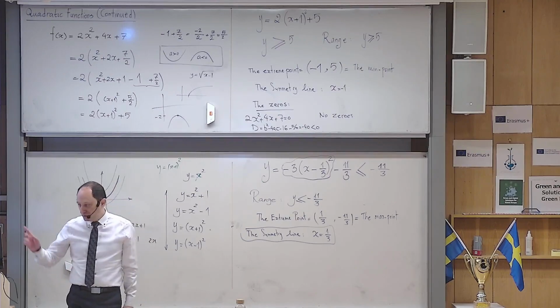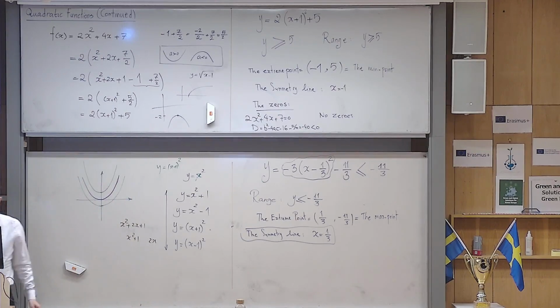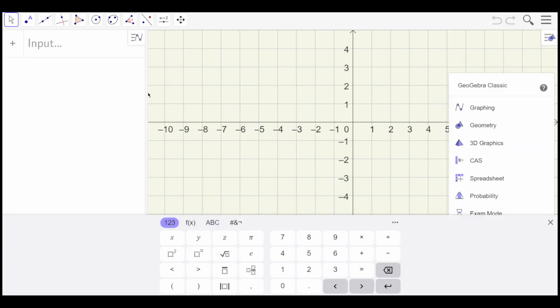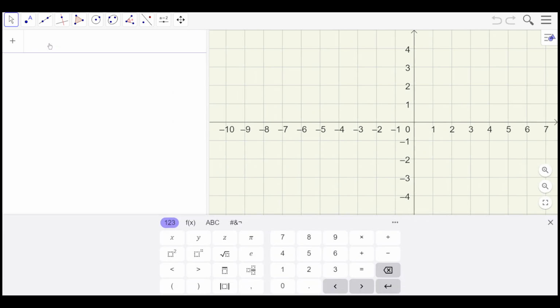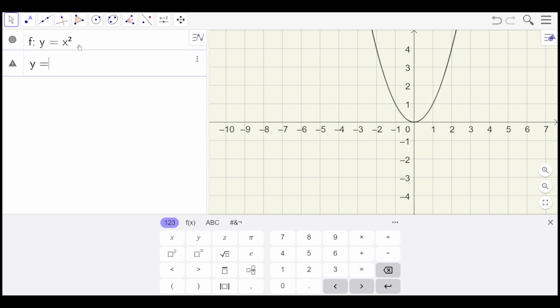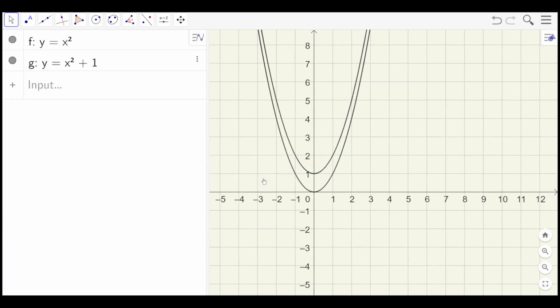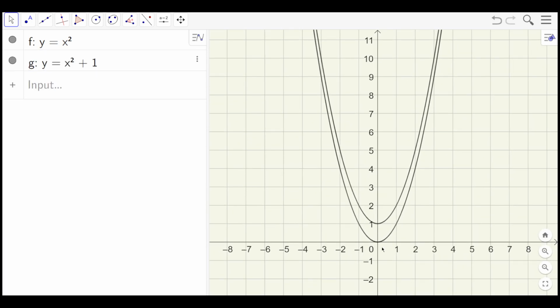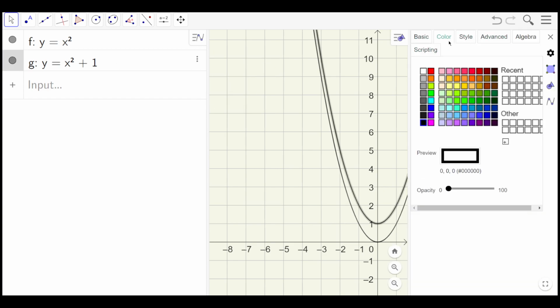Okay, first of all, let me convince you by drawing the graph here. Let us put the very simple one, y equals x to the power of 2. This is the original function. And then let me type this one, x to the power of 2 plus 1. So you see, it is shifted 1 unit upward. I don't know why GeoGebra doesn't change the colors by itself.